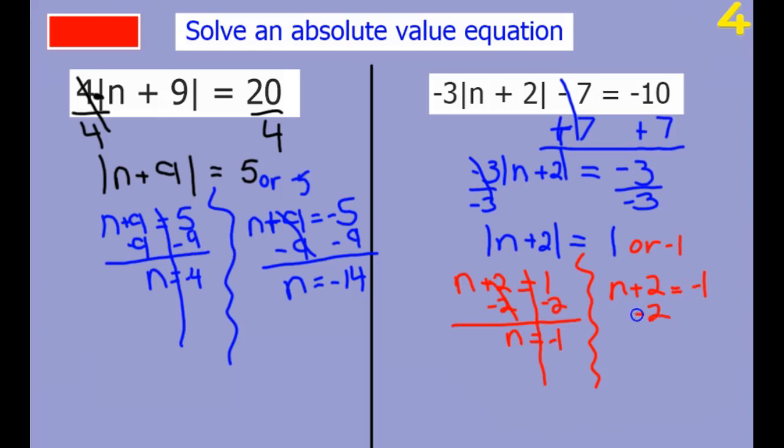Here we have to subtract 2 and subtract 2. Those cancel, and n equals negative 3. So for our last problem, n could either equal negative 1 or negative 3.